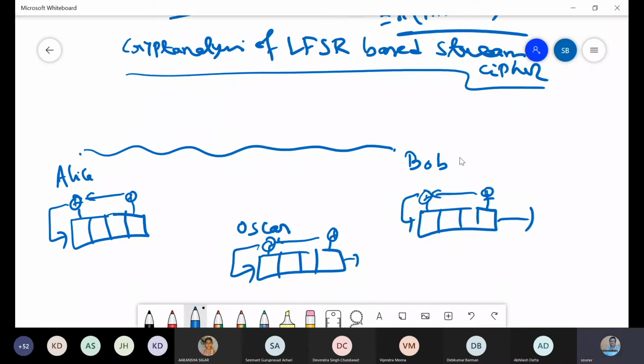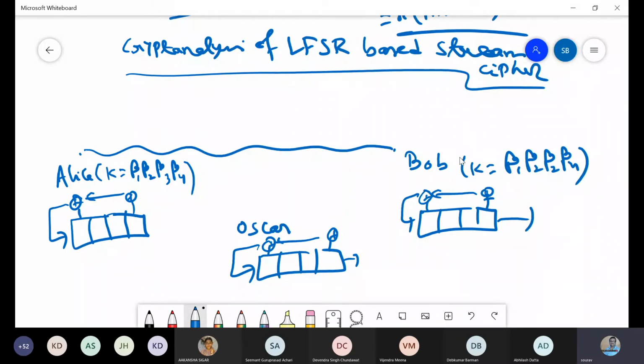Now they have a key. Say the key is beta 1, beta 2, beta 3, beta 4, 4 bits. They have the same key. Good.